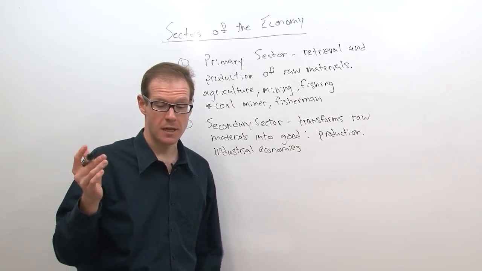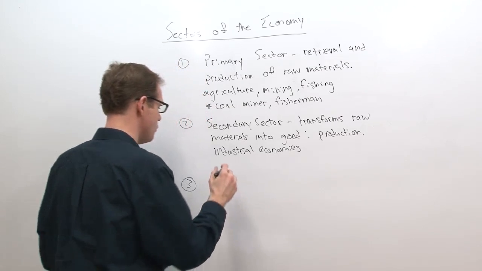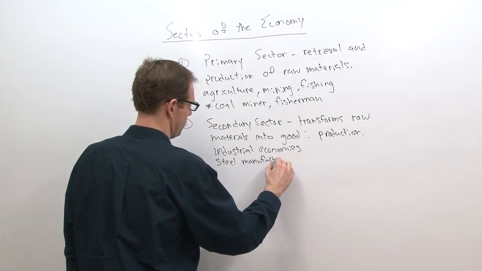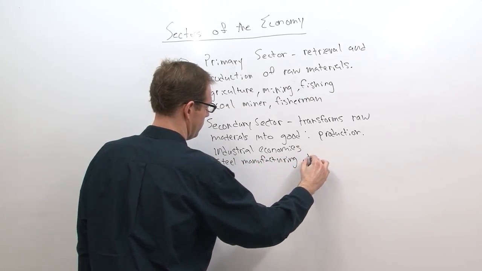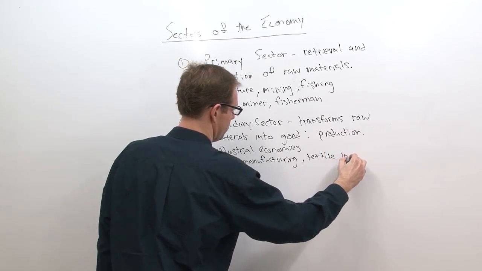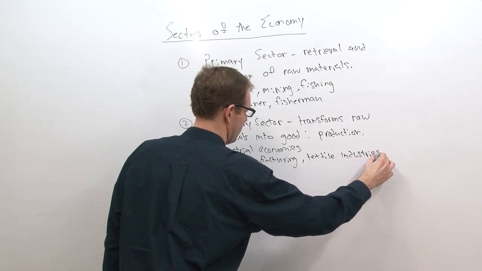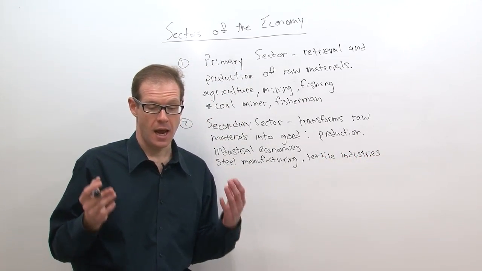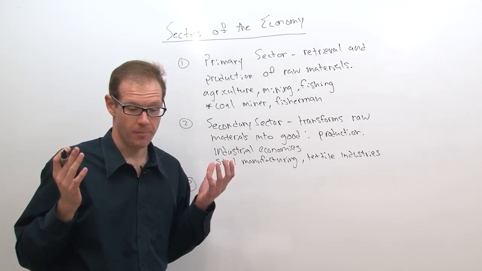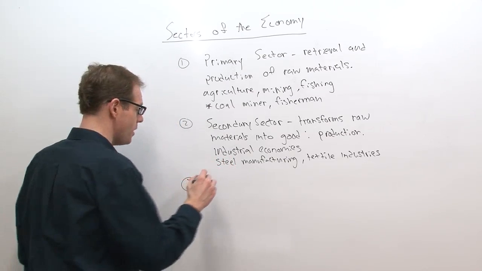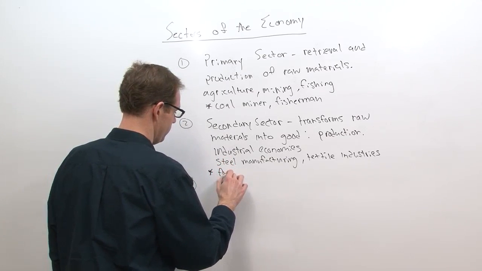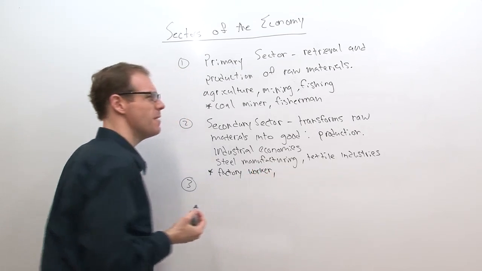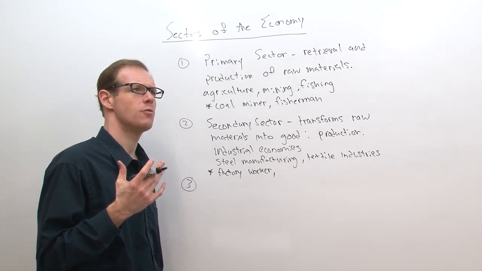An example here would be steel manufacturing or textile industries. So an example of an occupation in the secondary sector would be a factory worker or a dressmaker. Dressmaker sounds somewhat specific. I could say in general a clothier.